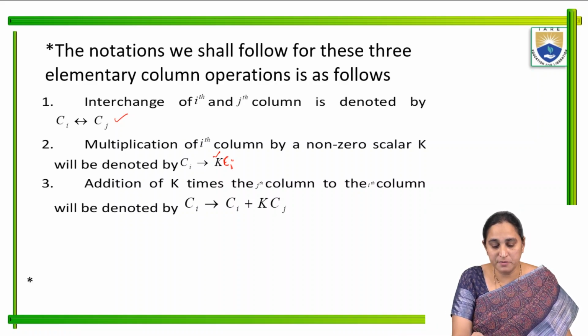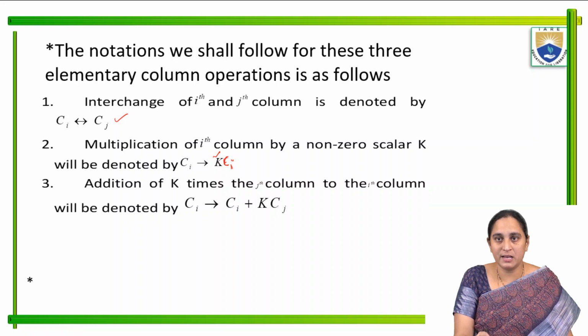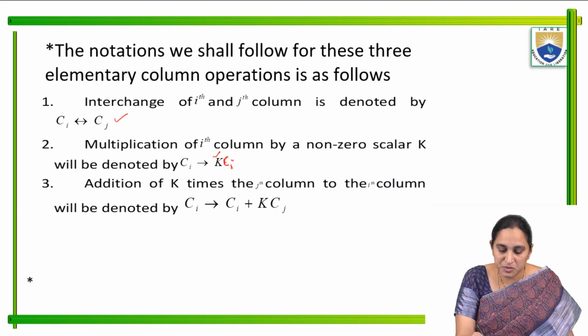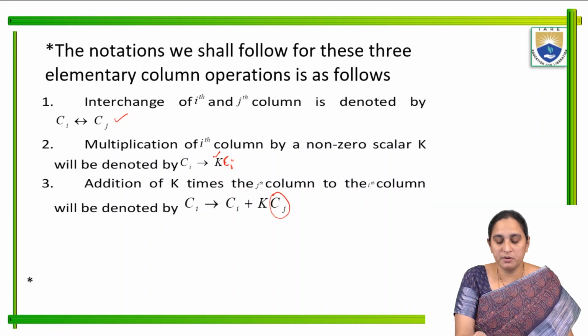Addition of k times the jth column to the ith column will be denoted by... Here observe, the jth column is multiplied with k and added to some other column, that is Ci.